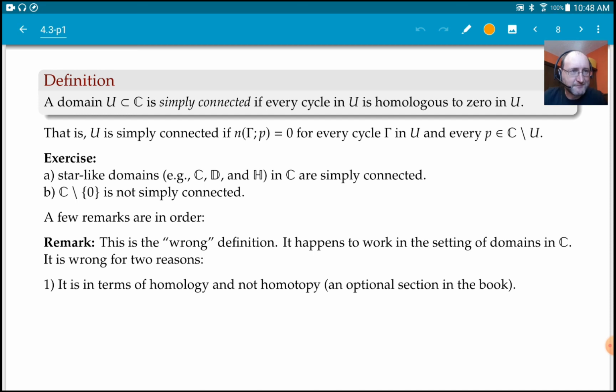The first reason, the main reason, is that we're doing it in terms of homology and not homotopy. And it really should be in terms of homotopy. That's done in an optional section in the book. So you can look in the book and there's the right definition of simply connected. Sometimes we might say simply connected in the sense of homology or in the sense of homotopy.